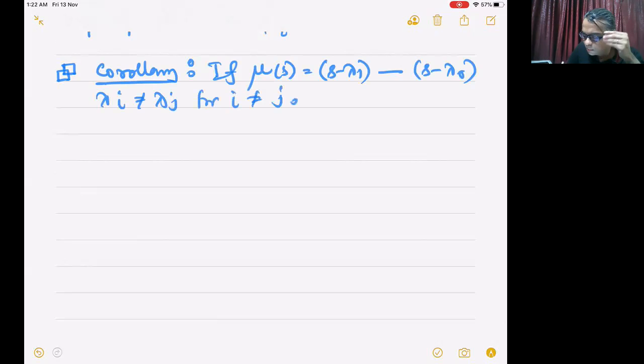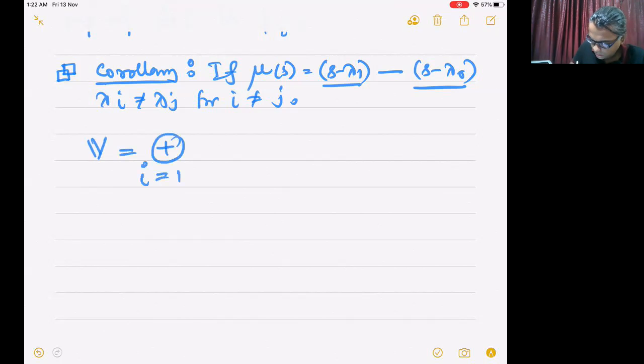Because lambda i and lambda j are distinct, these are co-prime factors. If the minimal polynomial is like this, then the whole space V factorizes into the direct sum, i going from 1 to R, of the kernel of A minus lambda i times identity.